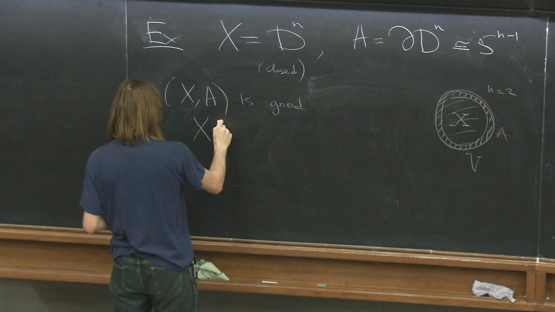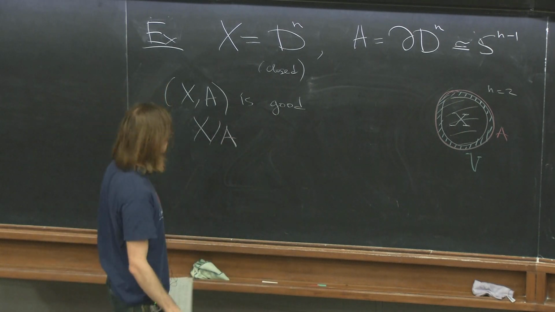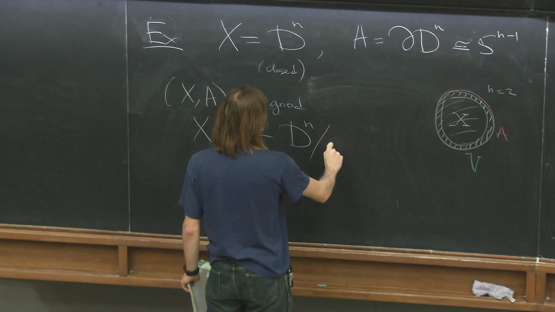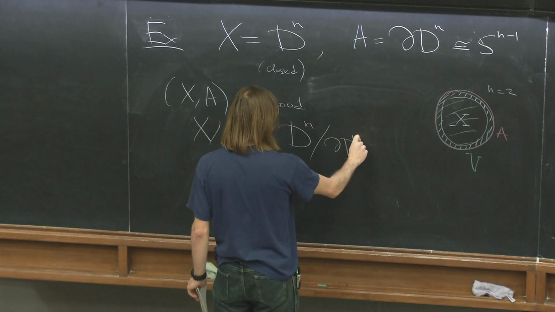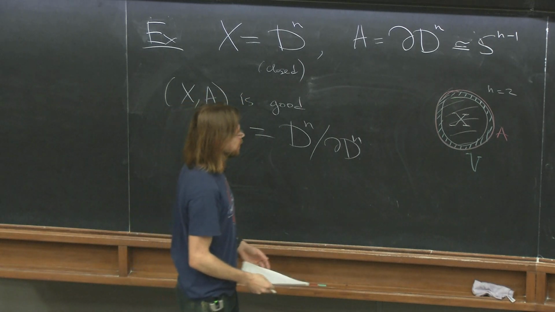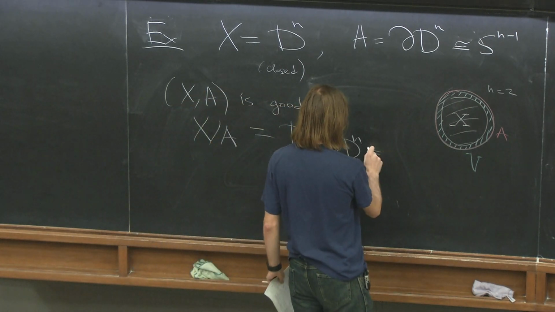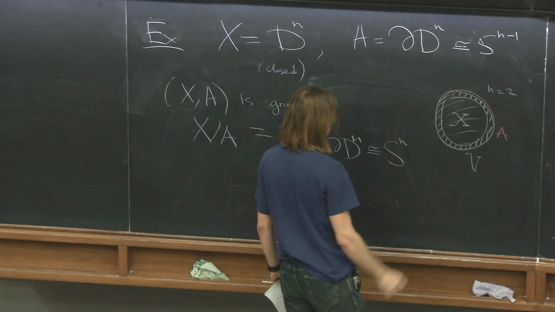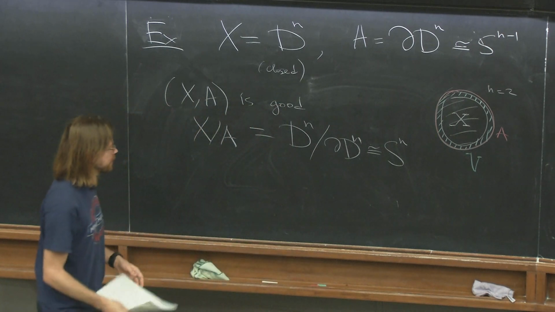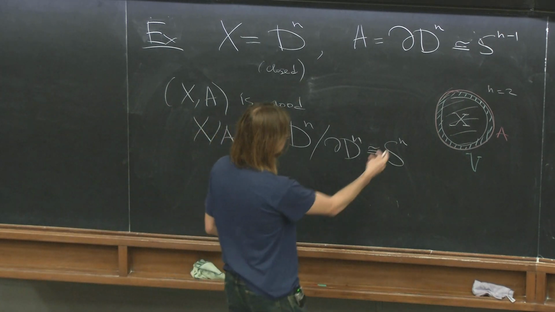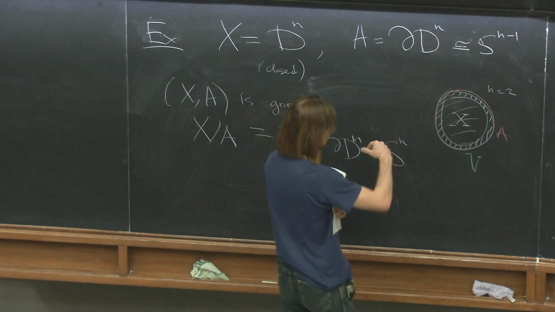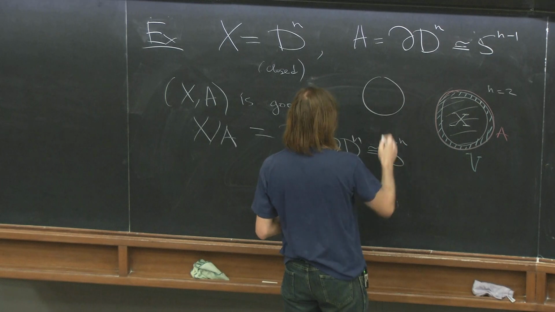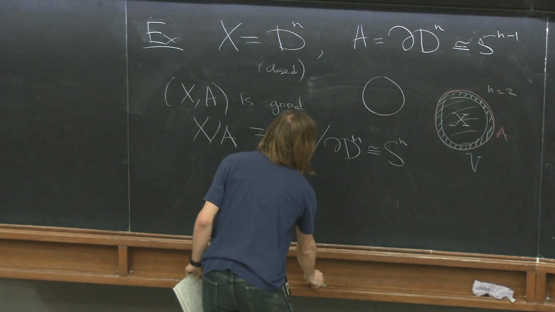And what about the quotient? For the quotient, you need to consider this disk, and you want to identify all points in the boundary. But this space is homeomorphic to the n-dimensional sphere, right? For example, in this case n equals 2, if you identify all points on the boundary, you essentially get a sphere.